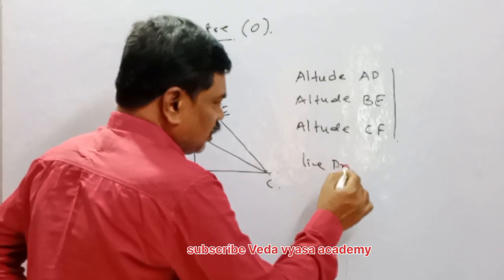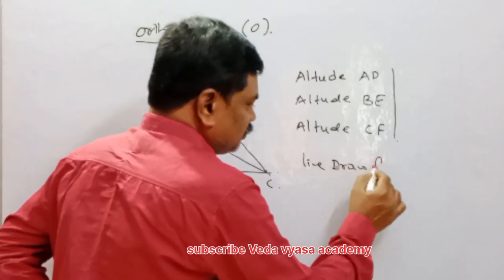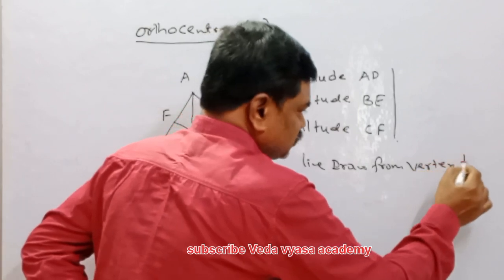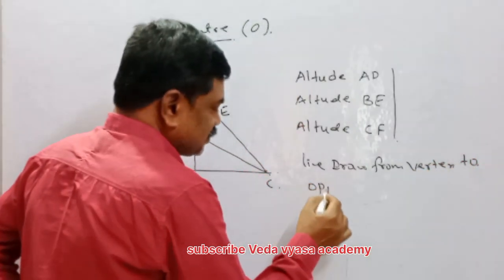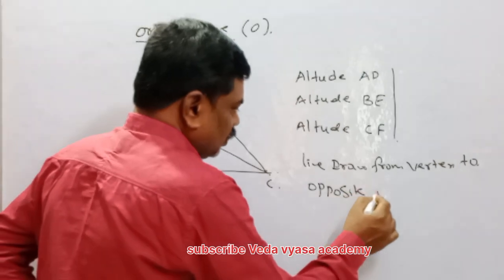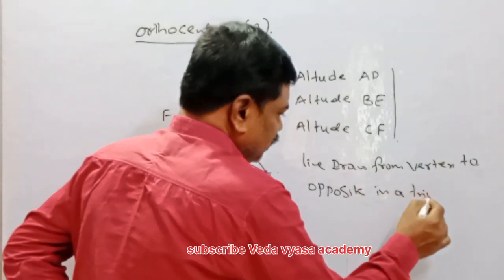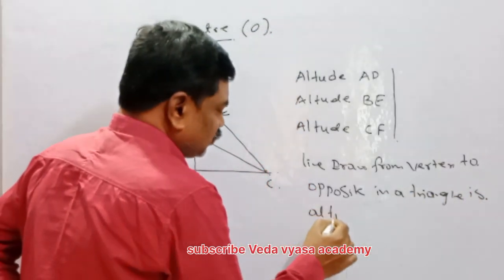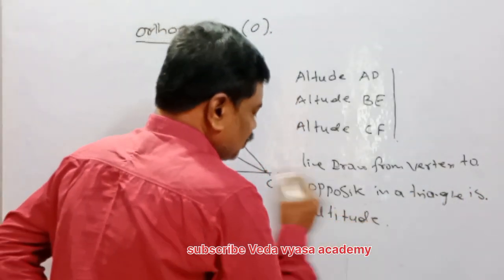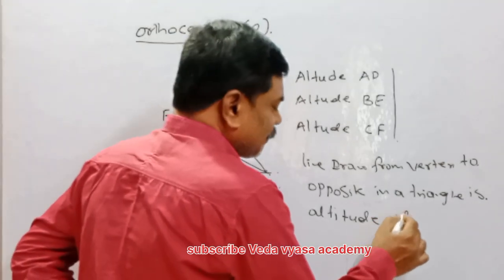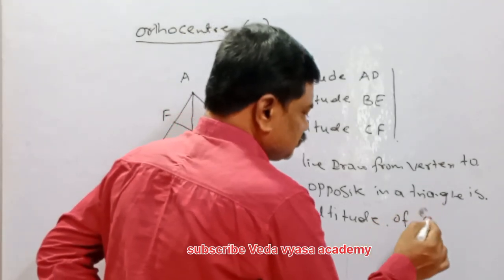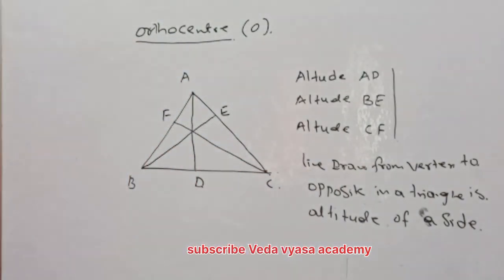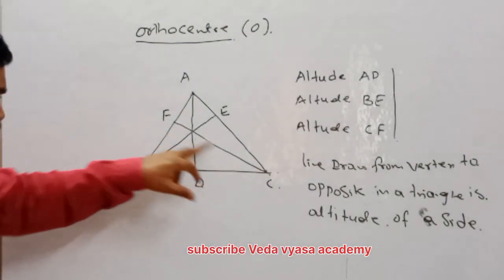What is an altitude? A line drawn from a vertex to the opposite side in a triangle is an altitude. Okay, all of you. So these are the altitudes.